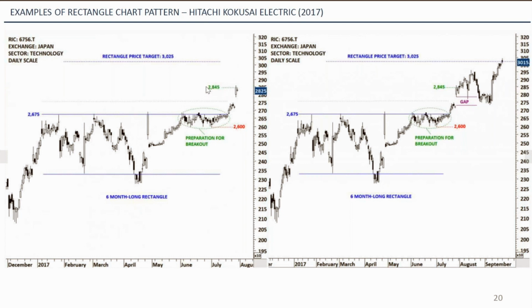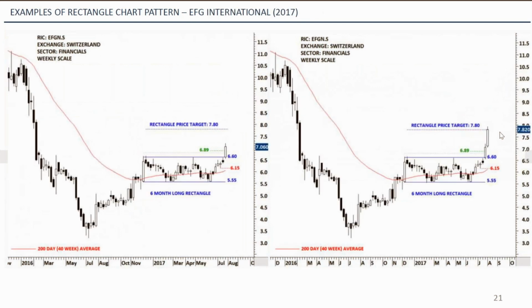Again, according to the 3% breakout confirmation, the 2,845 level was the confirmation. The price target was met after a slight pullback, filling the gap and reaching the price target. The next price chart is another rectangle, with the breakout taking place above the 200-day moving average.